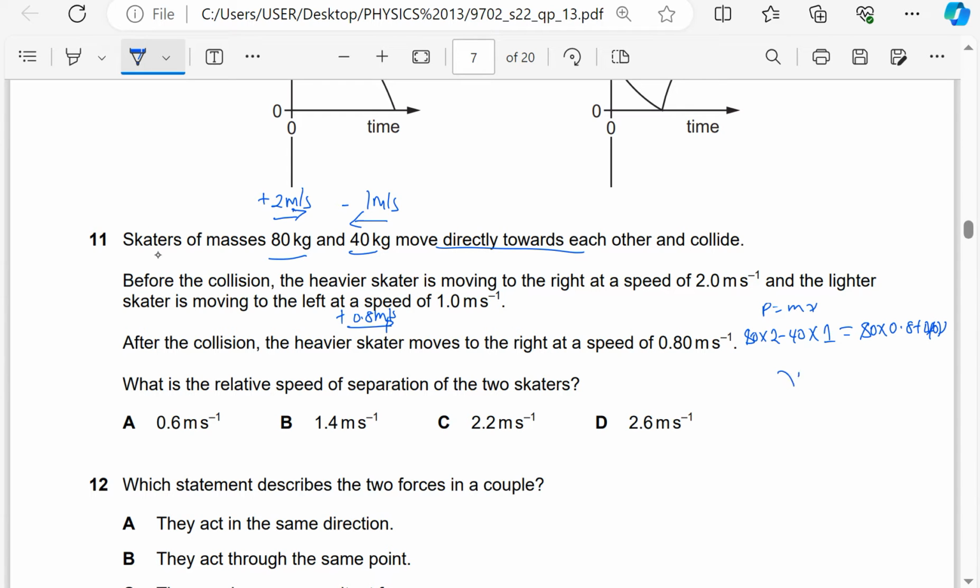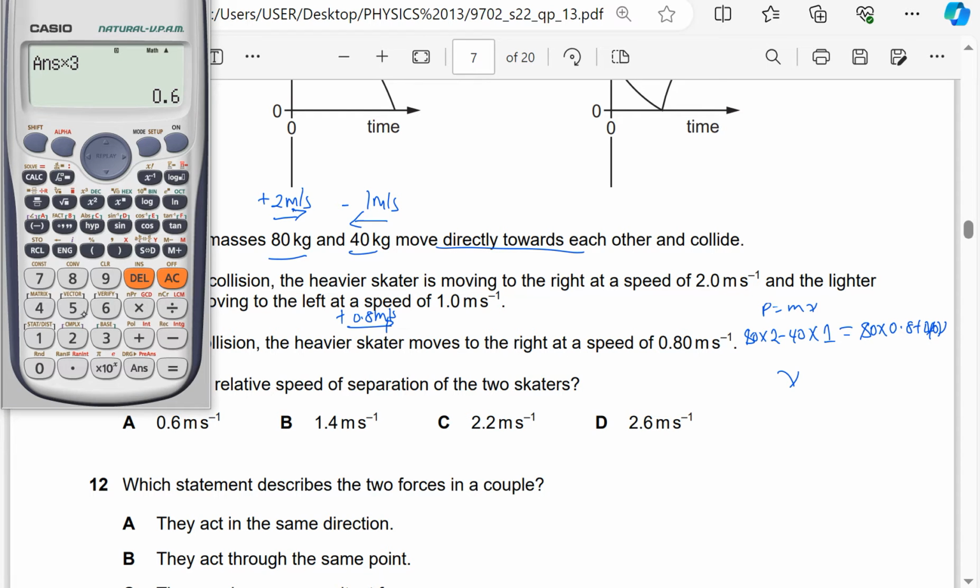So what is v here? I'll just press my calculator. 80 times 2 minus 40, then subtract 80 times 0.8, then divide by 40. That is 1.4.